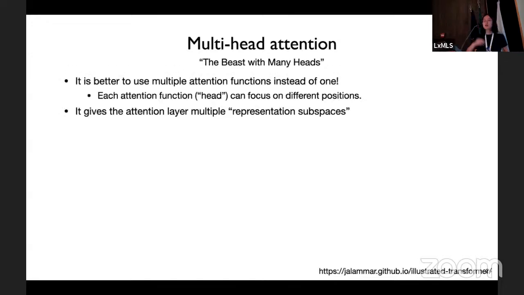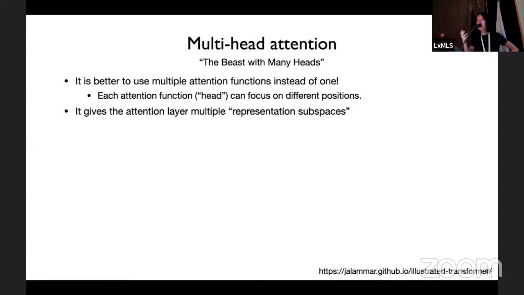Because one attention distribution, or one set of attention scores, can capture the similarity between different pairs of words. But each attention function can only focus on one set of the positions. So it's actually better to use multiple sets of attention functions to focus on different parts of the positions.